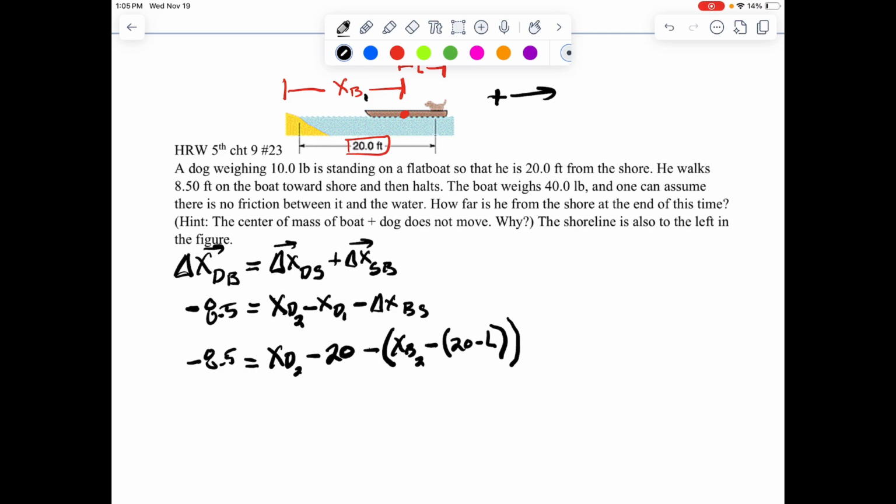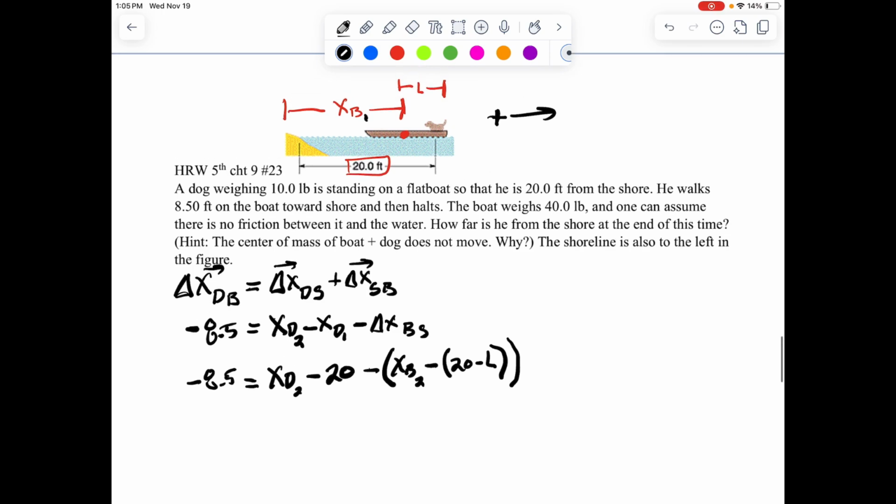So that's good because we need dog, and we're going to get dog in terms of boat here. So I'm just going to rearrange this. I want to find XD, so I want to get what is XB, what is the boat in terms of it. So first let's distribute all this.